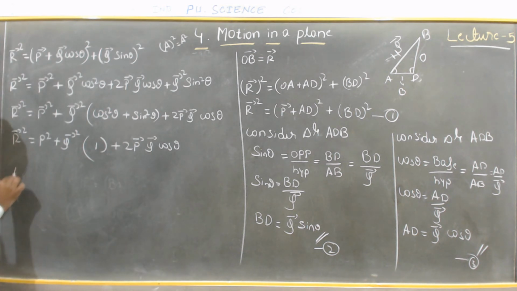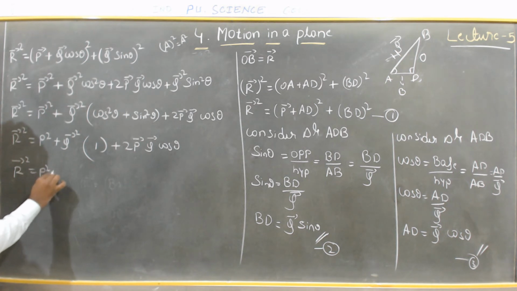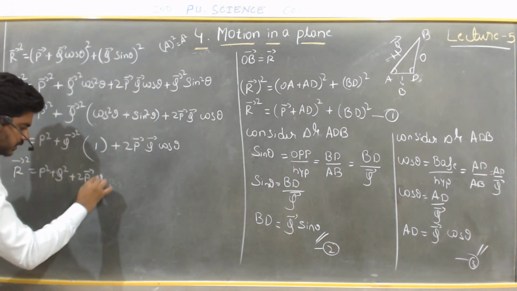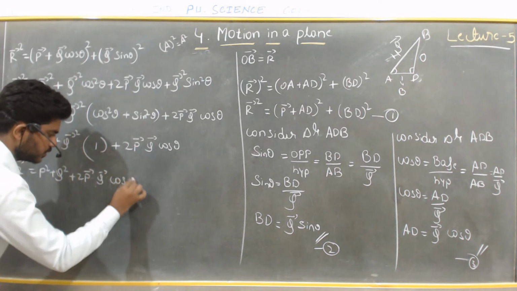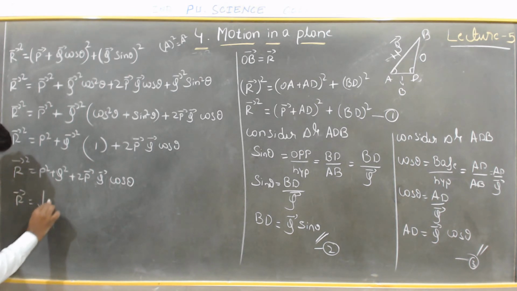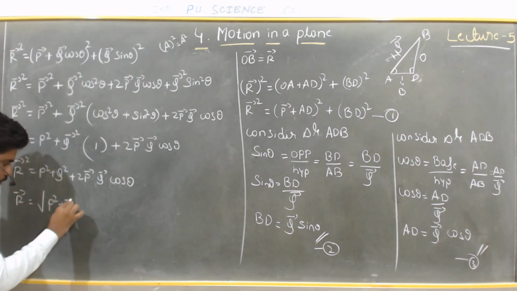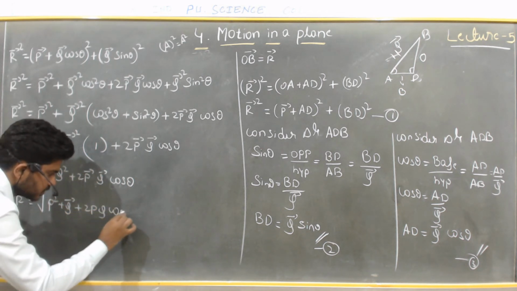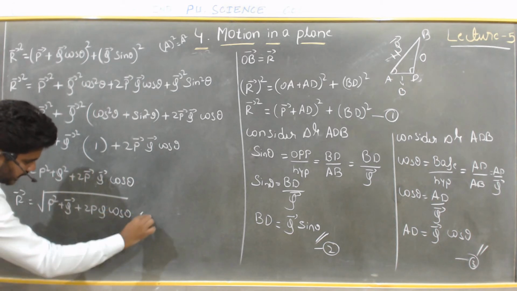So finally we will get r vector square is equal to p square plus q square plus 2 p vector q vector cos theta, right? If you remove the square, r vector is equal to the square root of p square plus q square plus 2 p q cos theta. See, this is the main result.